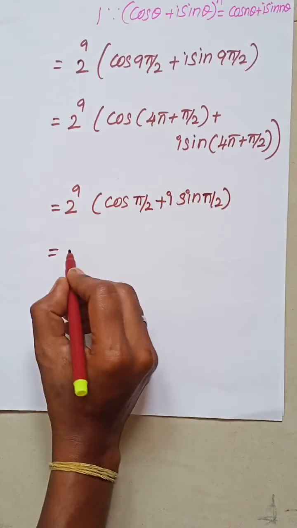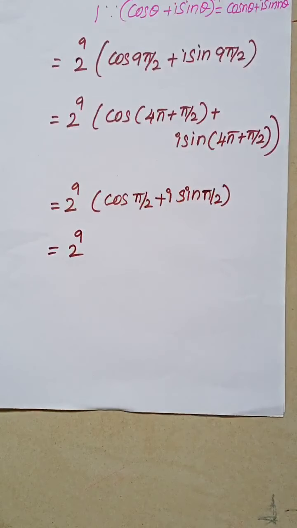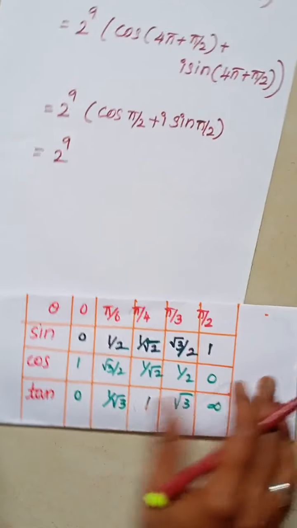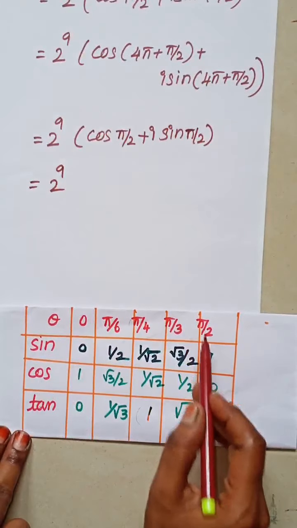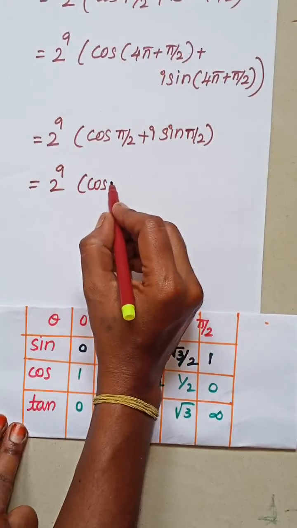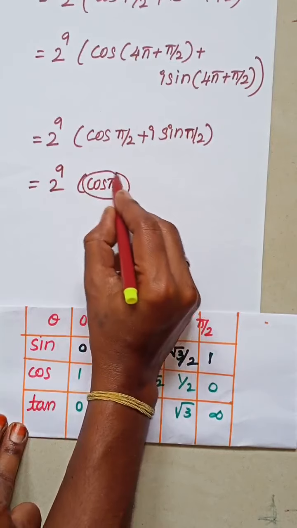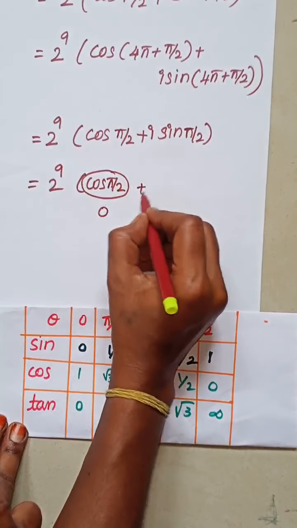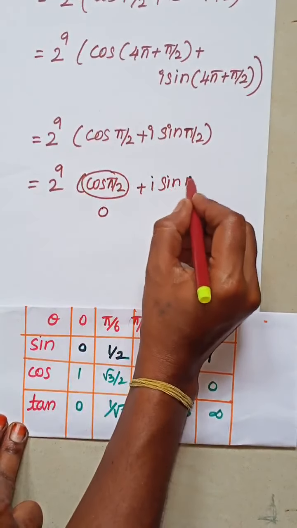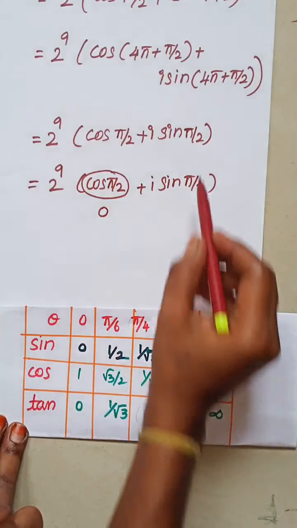So it is equal to 2 power 9 into cos pi by 2. See the trigonometric table: cos pi by 2 value is 0, and sin pi by 2 value is 1.